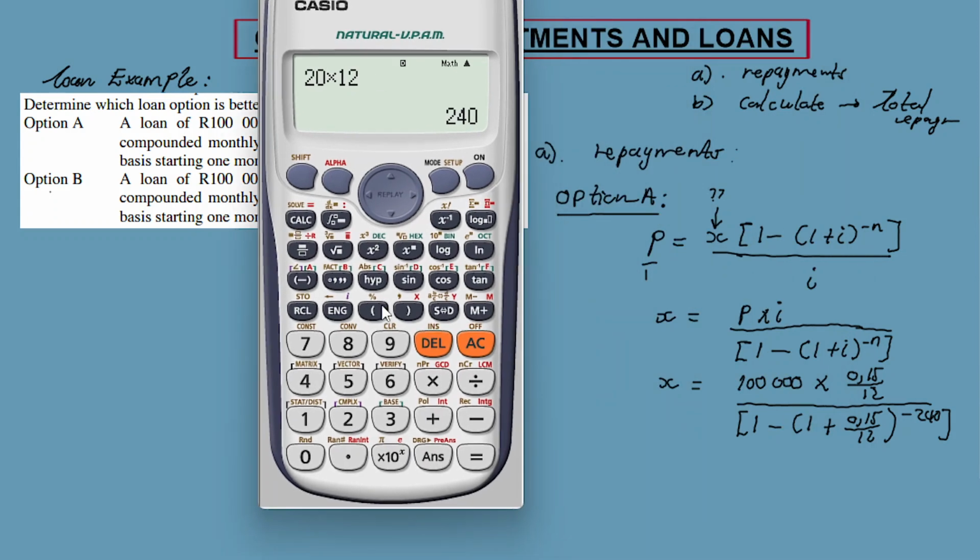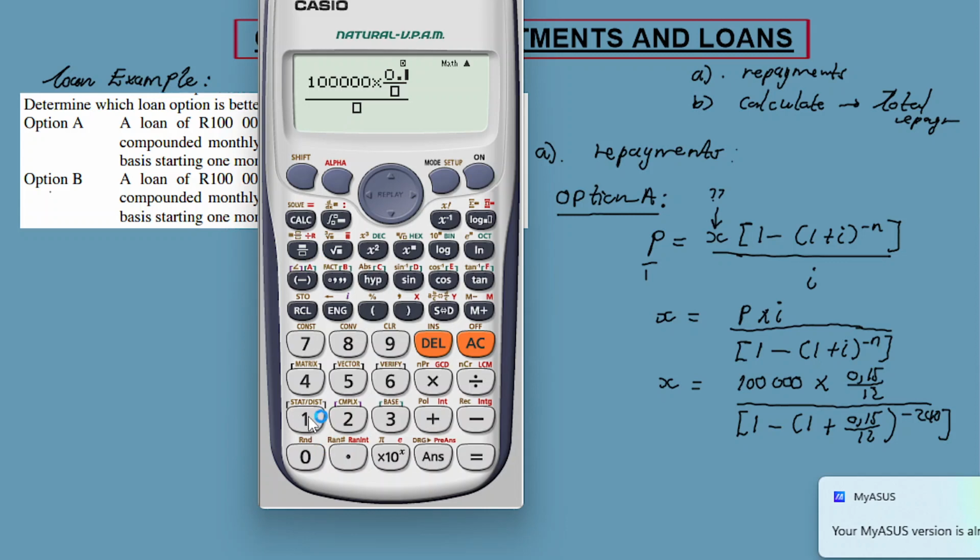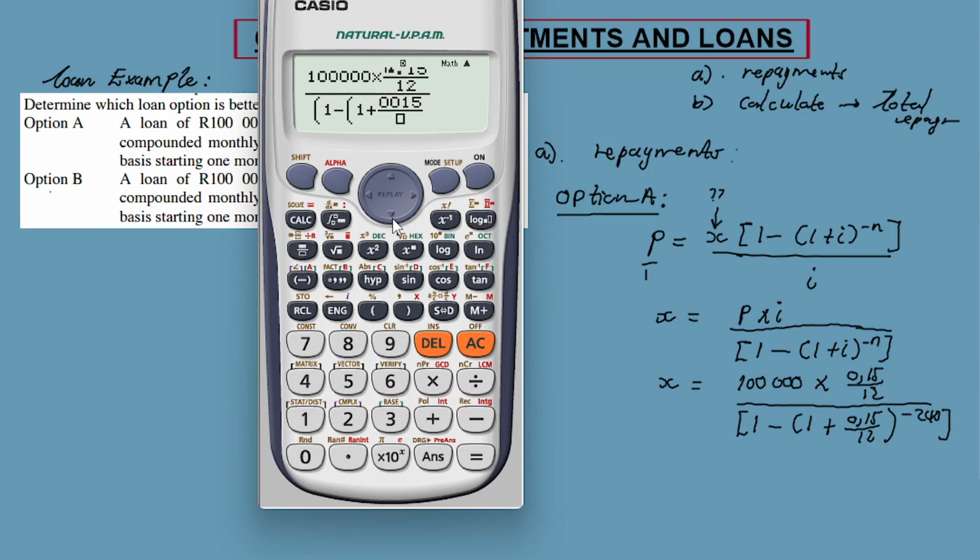So my monthly repayments are about 100,000 times 0.15, everything divided by 12, and then 1 minus (1 plus 0.15 divided by 12), everything raised to exponent minus 240.